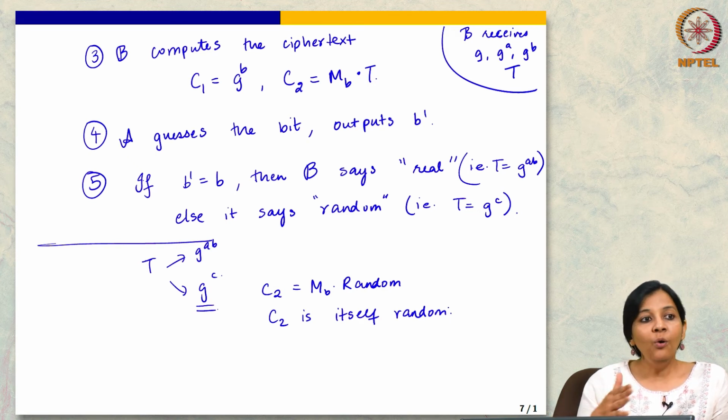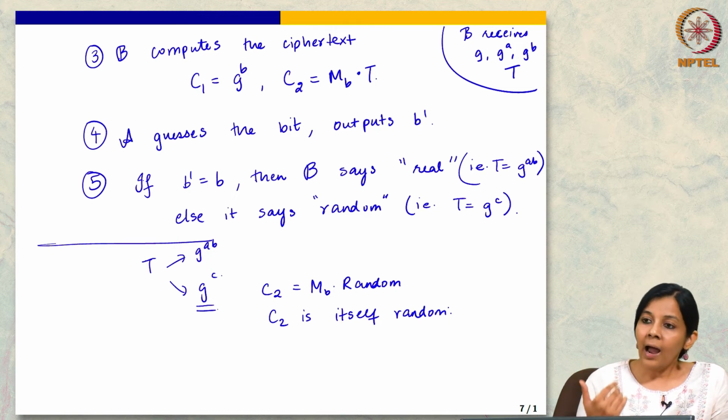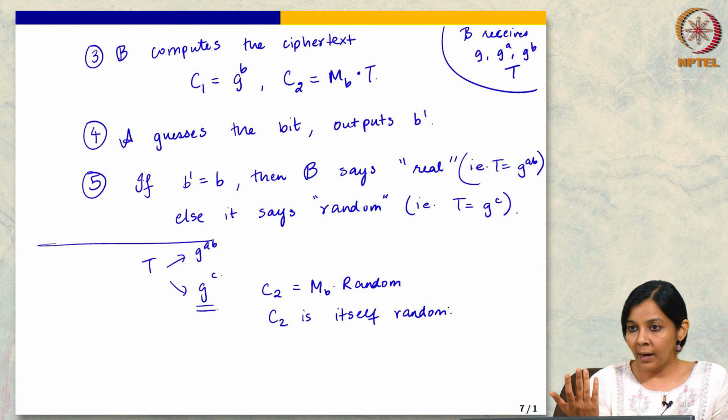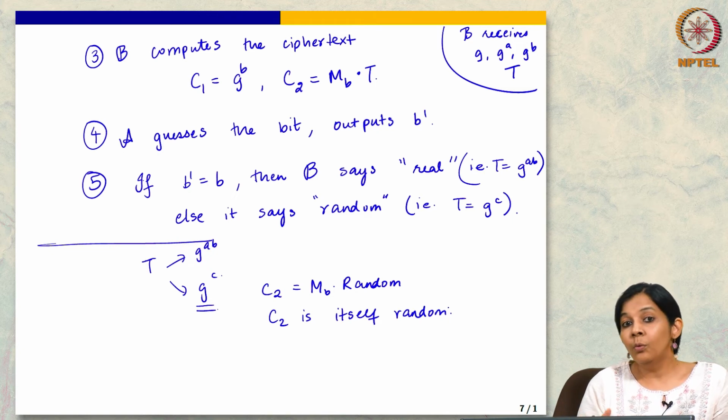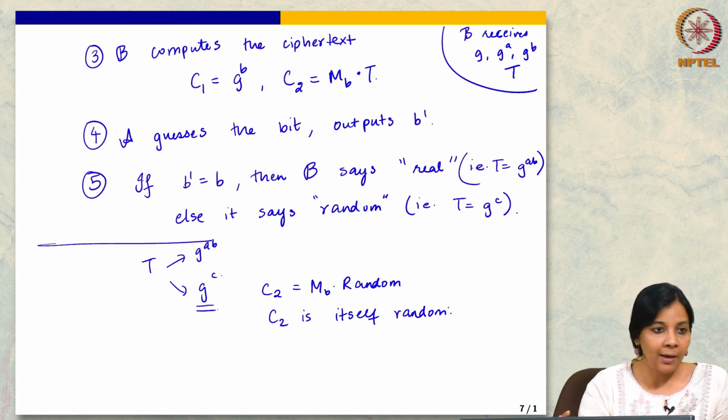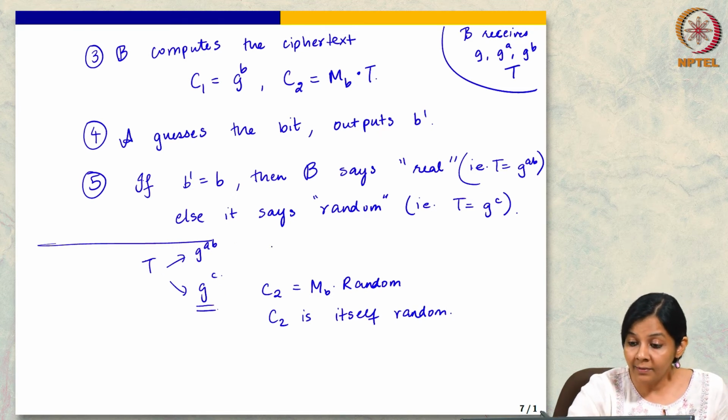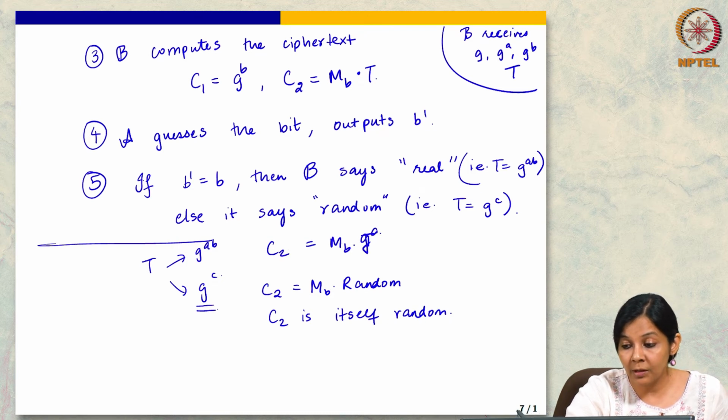So, if you did not guess, then I will say that the target that I received was actually truly random. On the other hand, if you did guess, right, then I have assumed that you are breaking this construction with a good probability, okay, and when T is G to the AB, that is the case that C2 is MB times G to the AB, right.